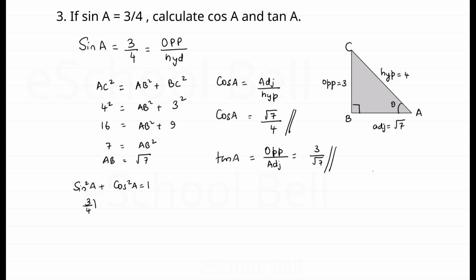So 3 by 4 the whole square plus cos square A is equal to 1. Therefore, cos square A is equal to 1 minus 9 by 16. Cos square A is equal to 16 minus 9 by 16. Therefore, cos A will be equal to root 7 by 4.